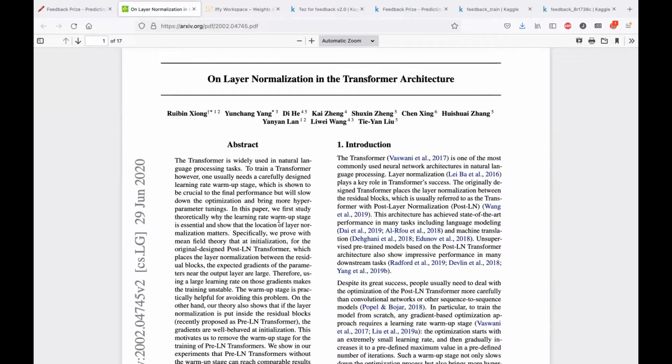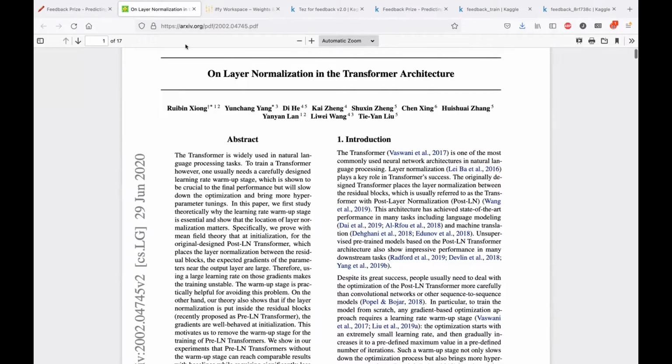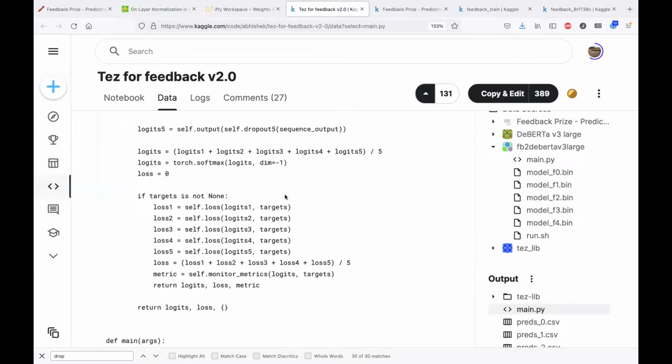Apparently it has something to do with the layer norms. And given that Abhishek has not been using any warmup, I might try to add some warmup to see if it also improves things.